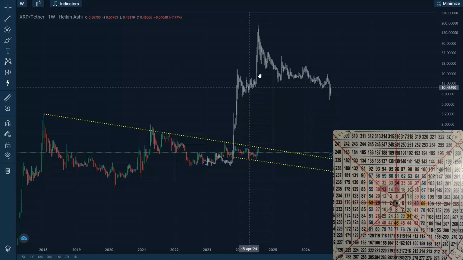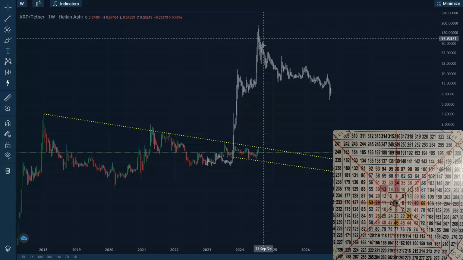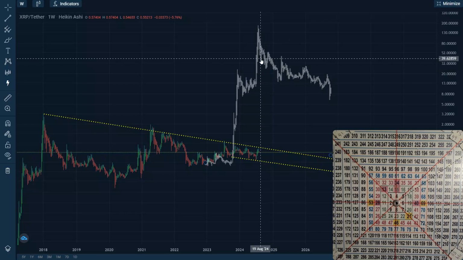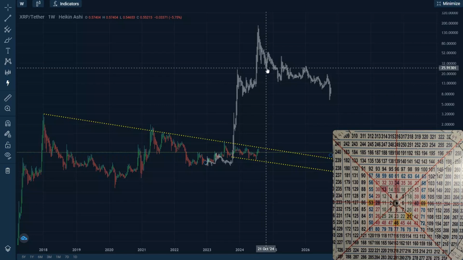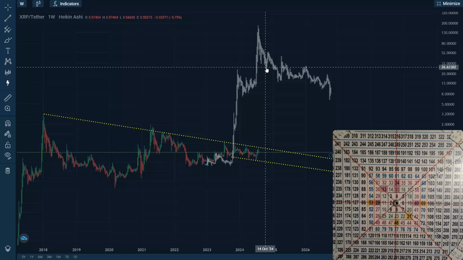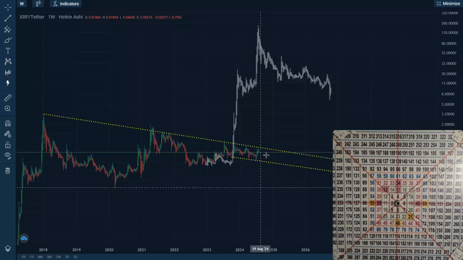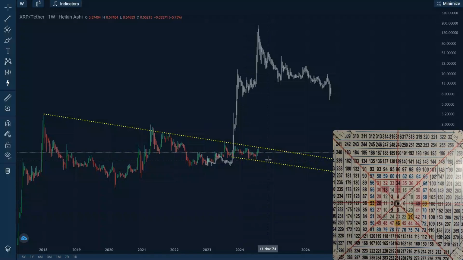This pattern is agreeing with our topping and a move. We have two major pullbacks, late into August, which I've been calling for, and another one in October and September, obviously. So we're not out of the woods yet, guys. We have a lot of volatility.